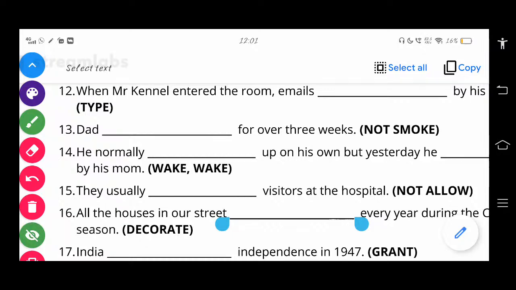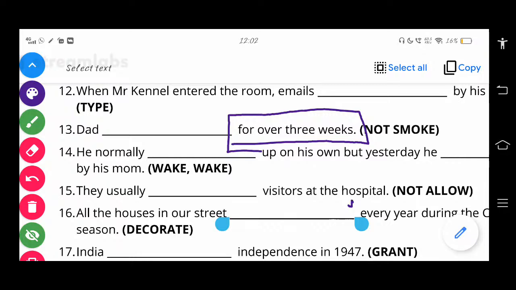I'll tell you in this example. Here, see, for is followed by a period of time. I have already explained in the earlier part that we use for with a period of time and since with a point of time, like since 15 August, and for 70 years, for 80 years.